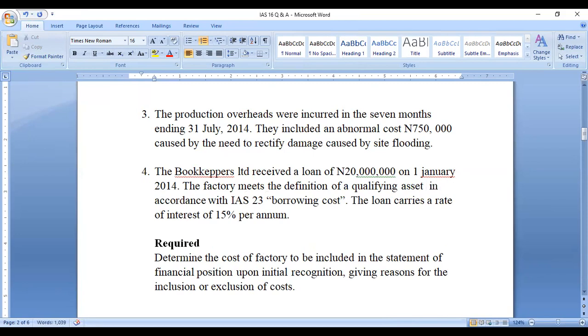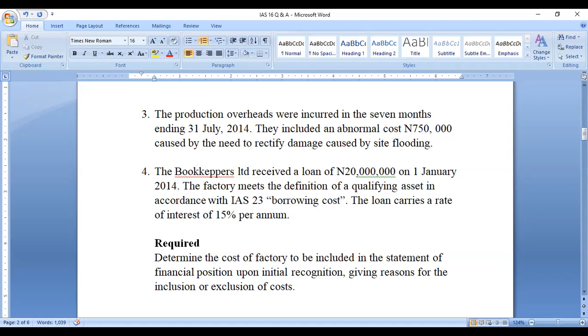Okay. So this is the additional information for the interest on loan. Yes, the cost to be added because it was taken for the purpose of the asset.